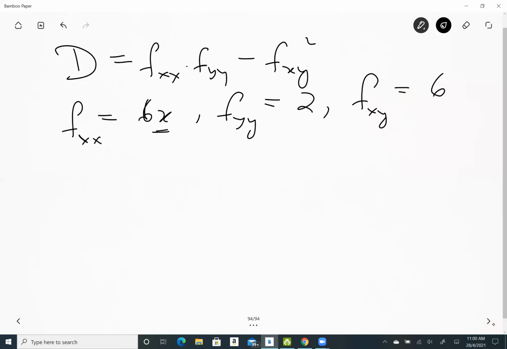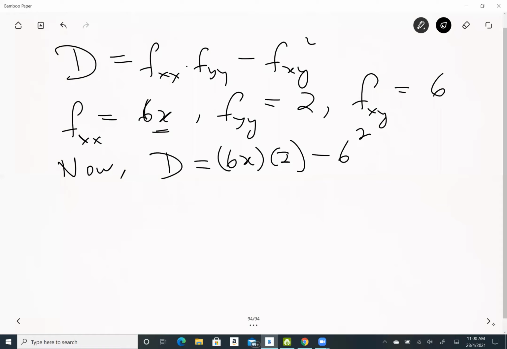So now you will get D equal to 6x multiplied by 2 minus 6 squared, and that is equal to 12x minus 36. That would be the value of D.